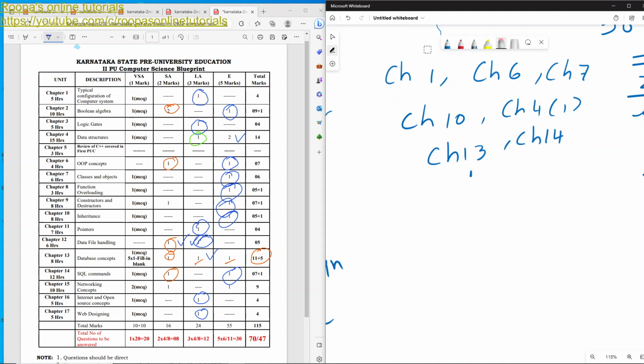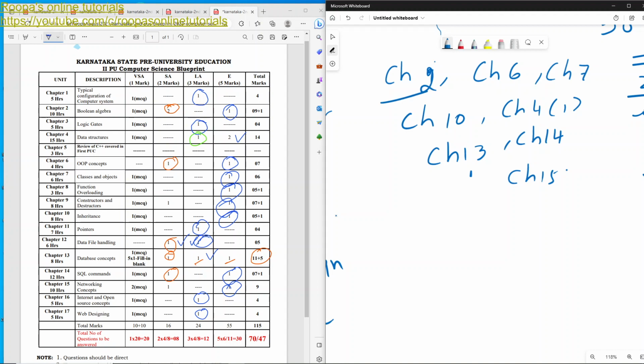And then you have the networking concepts. Generally you have the networking devices, the networking services, goals for networking, then virus prevention, virus symptoms. All these questions can come in networking concepts. Here, sorry, chapter 2, K-map.